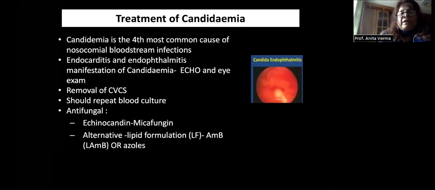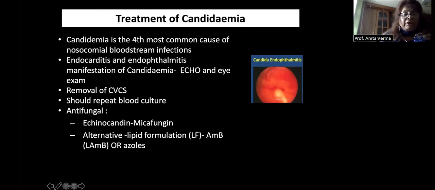For the treatment of candidemia, I would like to highlight some facts because this is the most common infection you will see in your wards and ITU setting. It is the fourth most common cause of nosocomial bloodstream infection. We always ask to do an echo and eye exam in these patients to rule out endocarditis and endophthalmitis, which can be a manifestation of disseminated disease or candidemia.